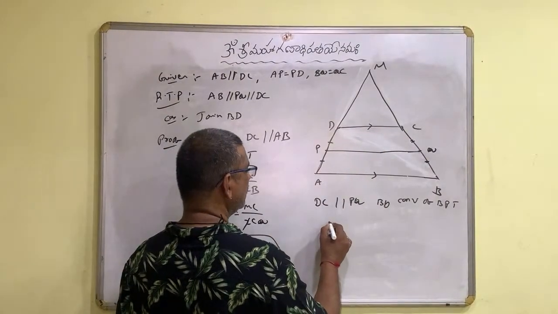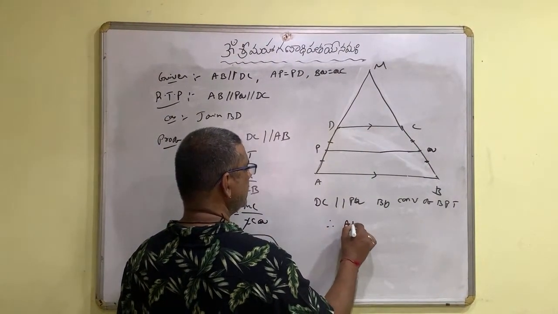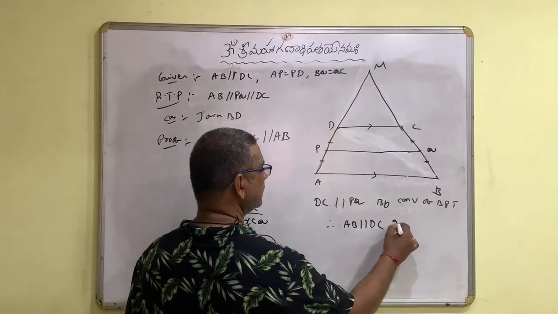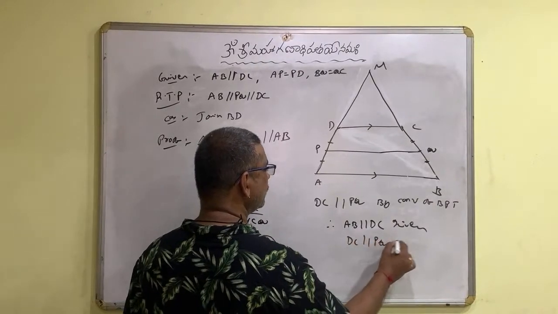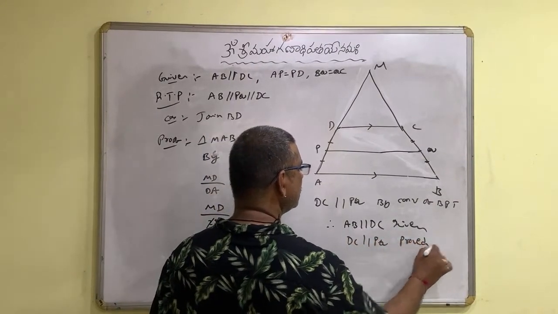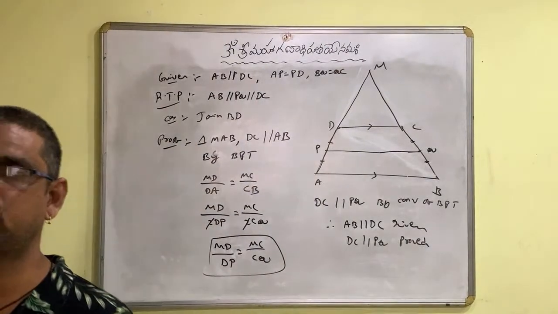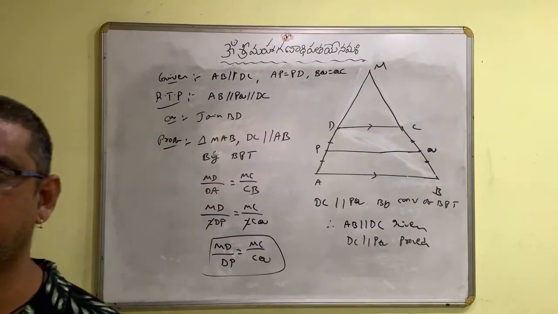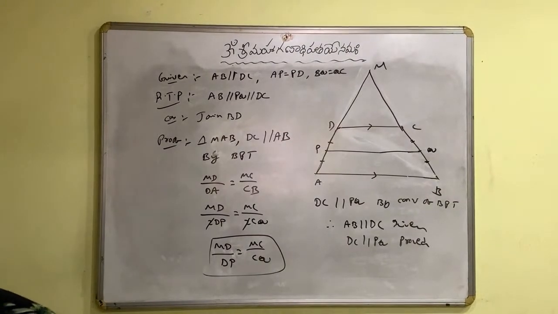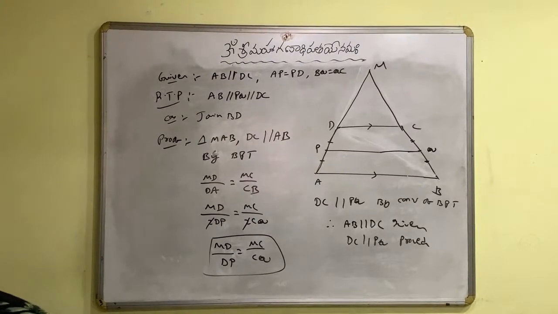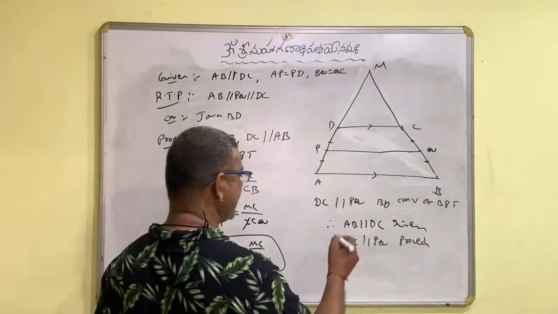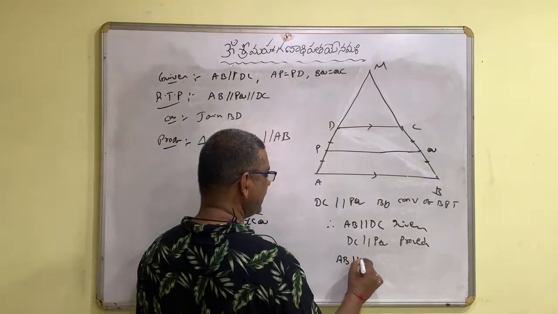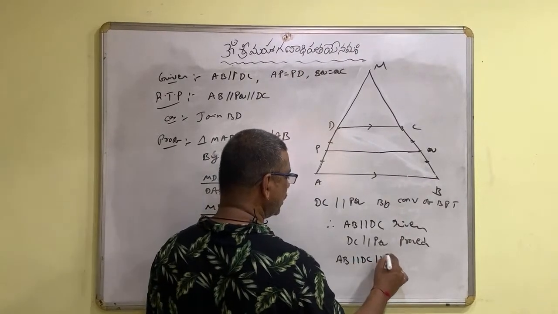Therefore, AB is parallel to DC, given. DC is parallel to PQ, now proved. Is that right? So from these two statements, what can we write?